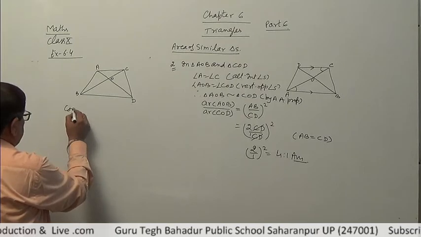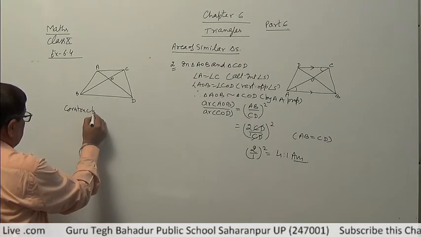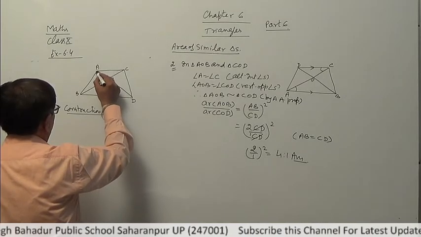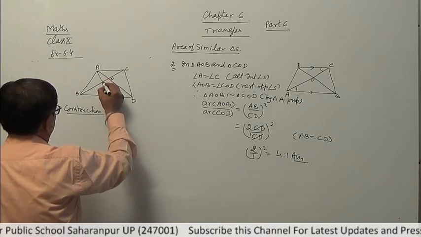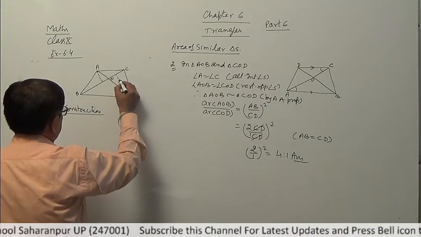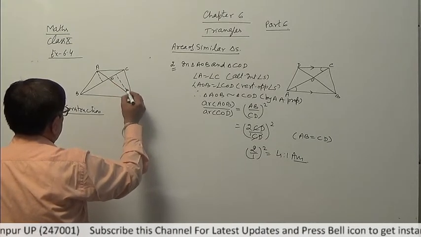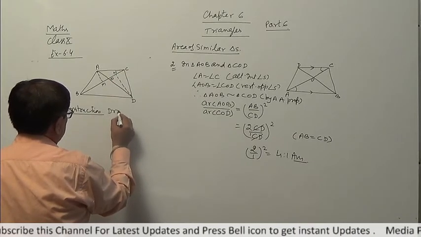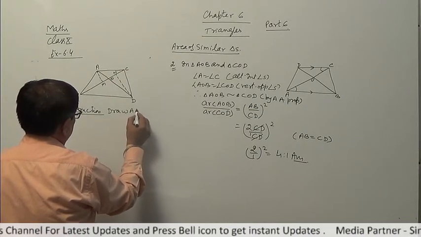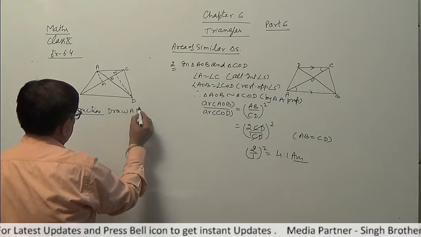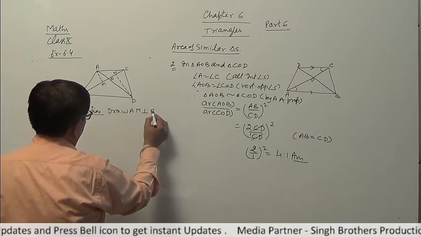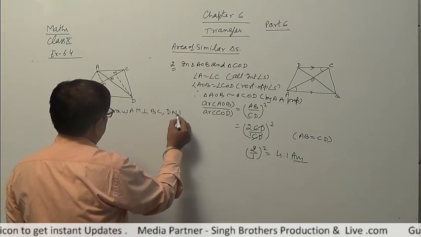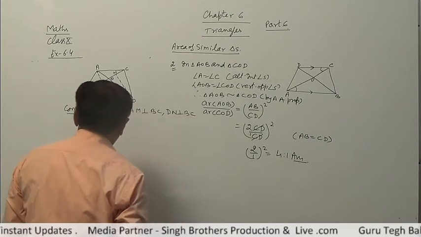So construction: draw perpendiculars to BC, AM perpendicular to BC and DN perpendicular to BC.